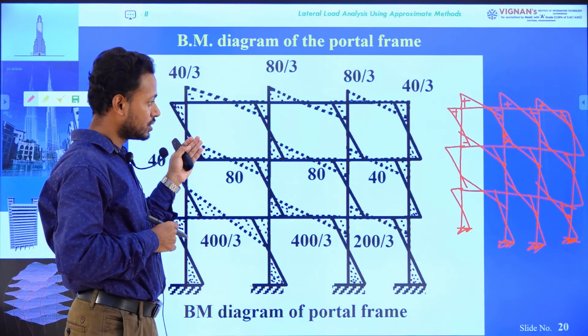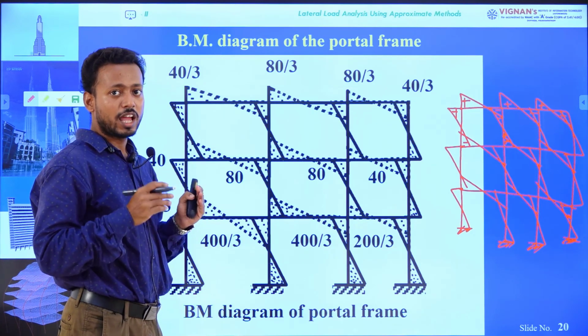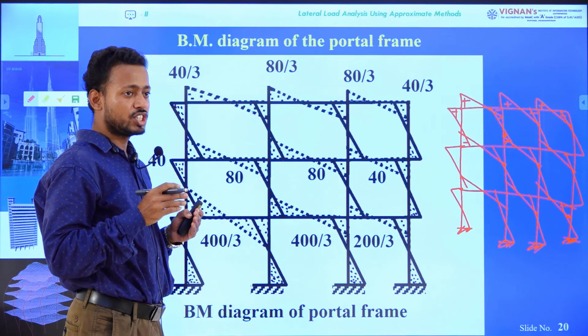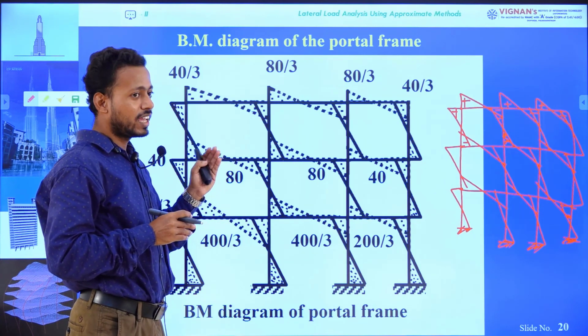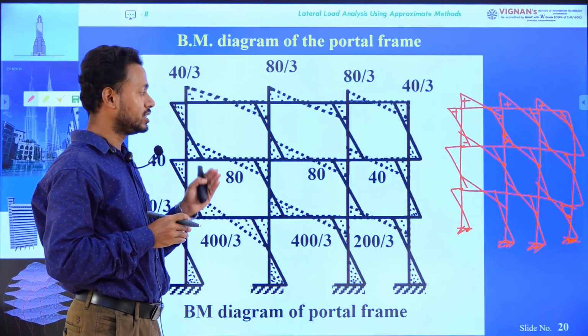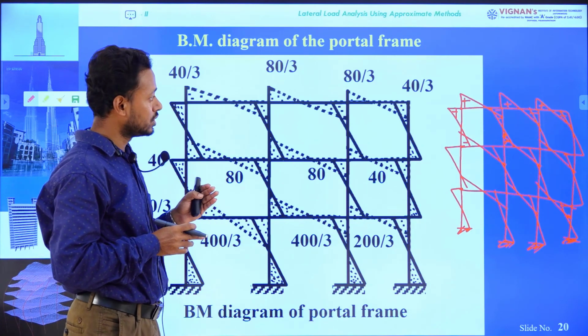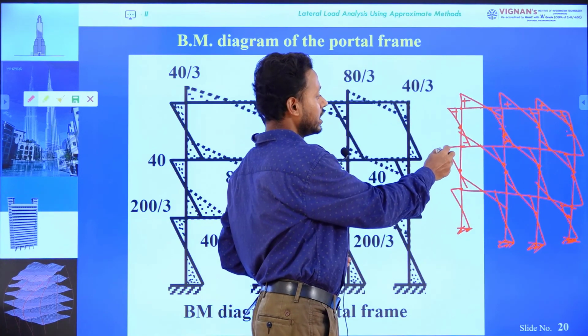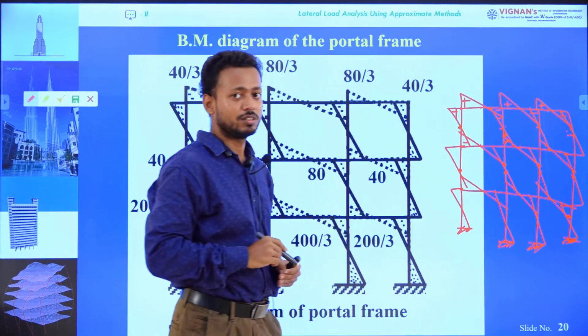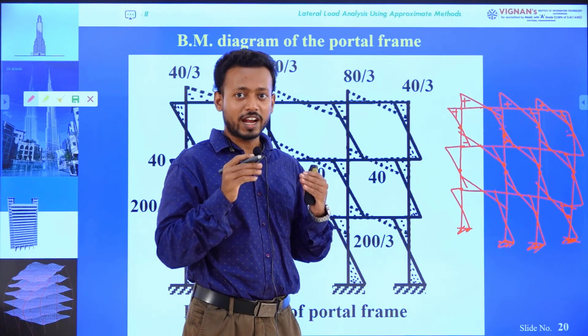So this method estimates approximate values of shear force and bending moment, but it does not calculate the exact values. This is an approximate method because we have assumed the point of flexure will occur at the midpoint of the members, but this is not true.